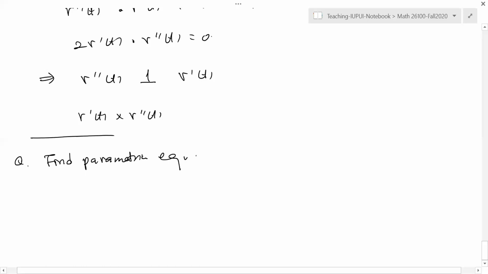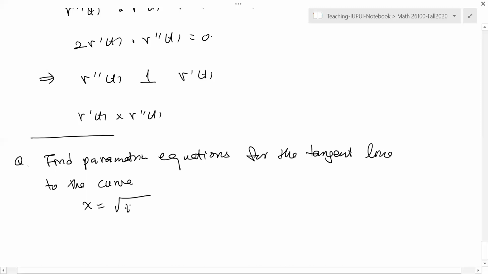The curve is given by x equals square root of t squared plus 3, y equals natural log of t squared plus 3, and z equals t, at the point 2, natural log of 4, and 1.